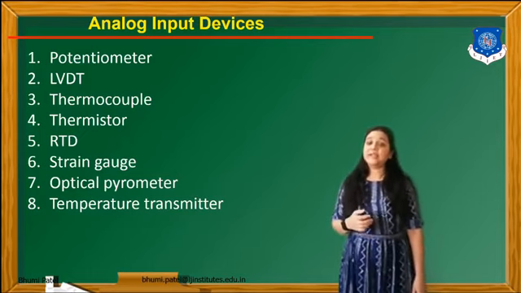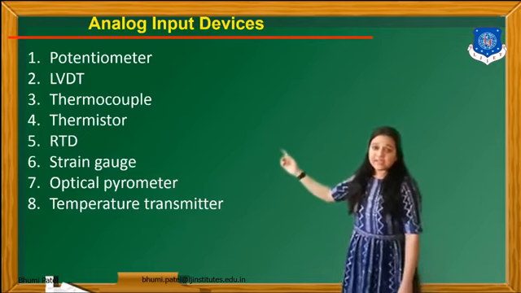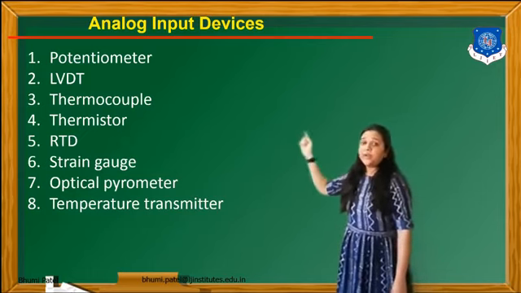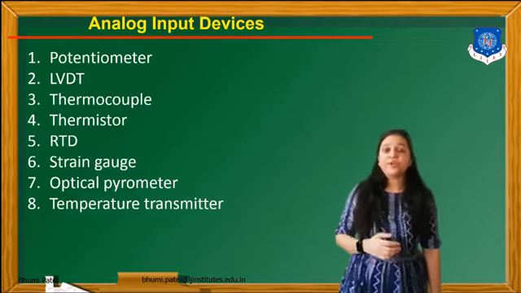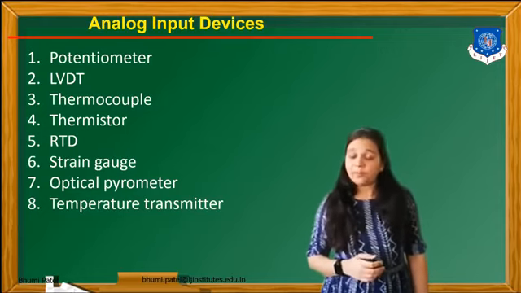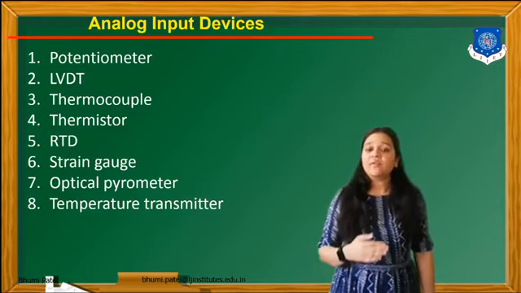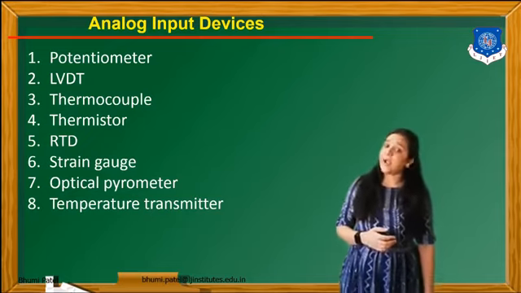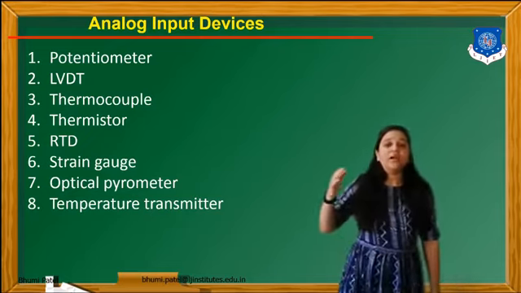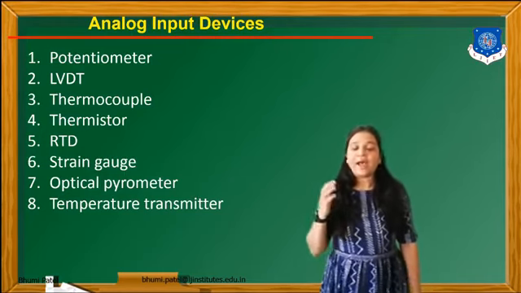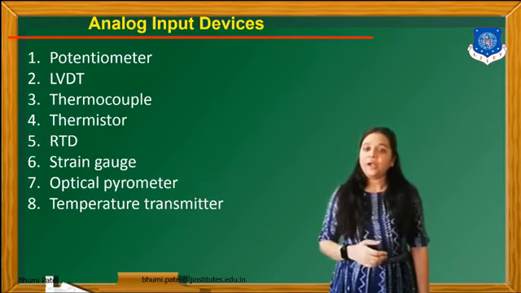For example, thermocouple, thermistor, RTD: all three are used for temperature measurement. So if our project or system is regarding temperature measurement, we will connect the thermocouple, thermistor or RTD as the analog input device.